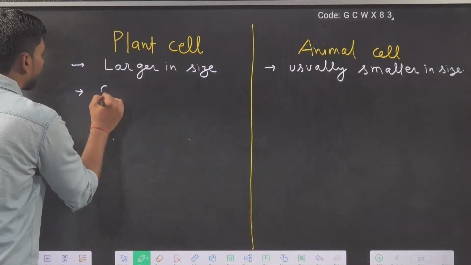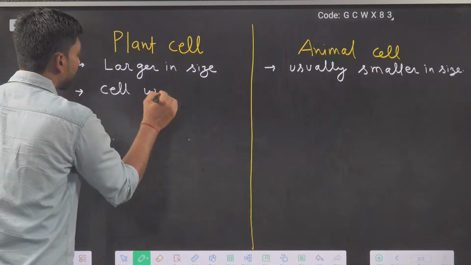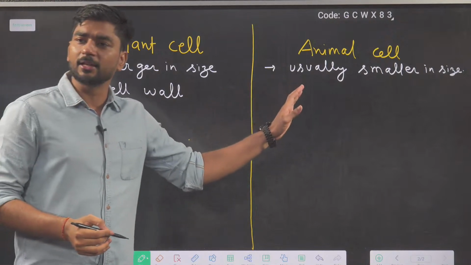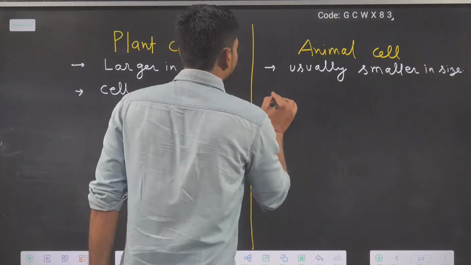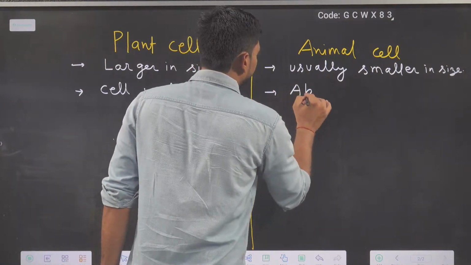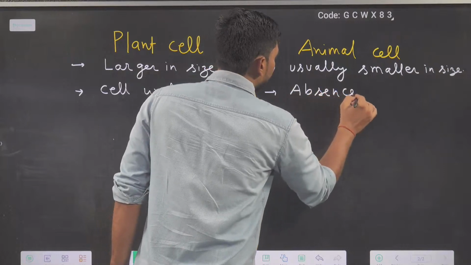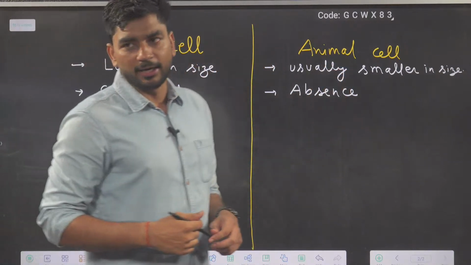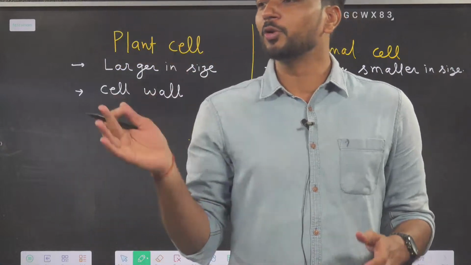This is the first thing which I am seeing here. It's a cell wall. But in the animal cell there is no cell wall, so we can say it's an absence of cell wall.